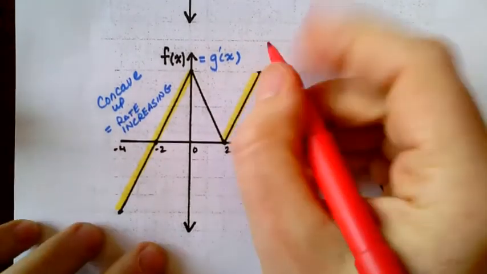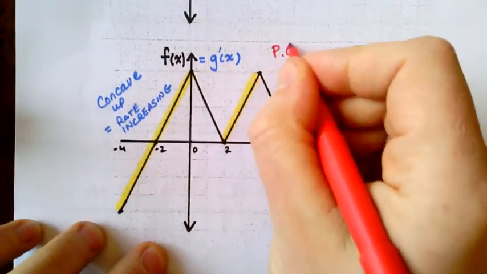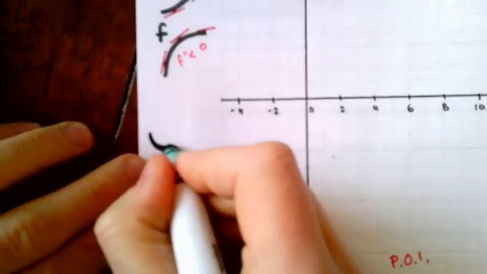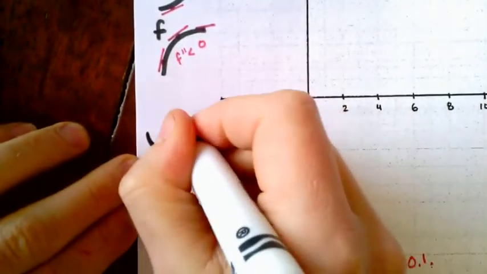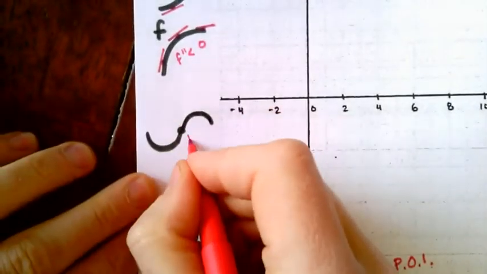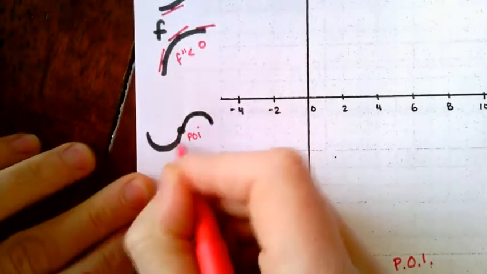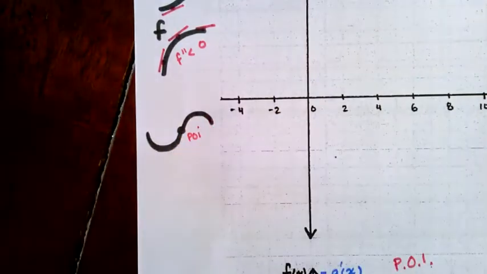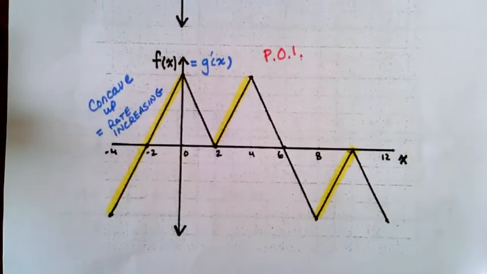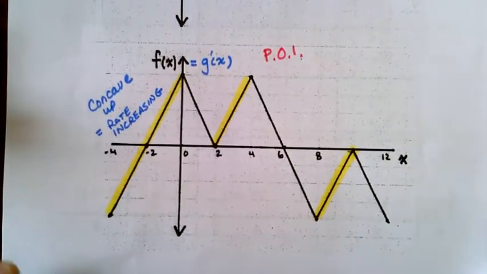Also, if I asked you for the points of inflection of the original function, you'd say, well, the points of inflection, I'm going to draw a picture over here, would be where we change from one concavity to the other. And so that means that that's a point where we go from the rate increasing to the rate decreasing, or vice versa. So look at this graph. Where does the rate change from increasing to decreasing?